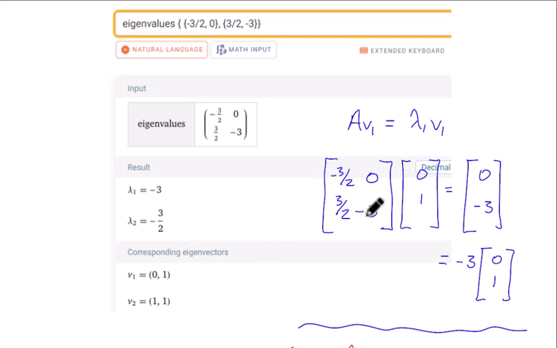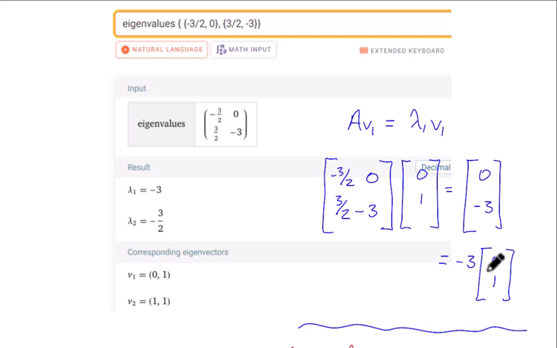Just to show you, this does work. Here's A, multiply it by V1. I get 0 minus 3, but that's just minus 3 times V1. So yes, it does get mapped into a multiple of itself.